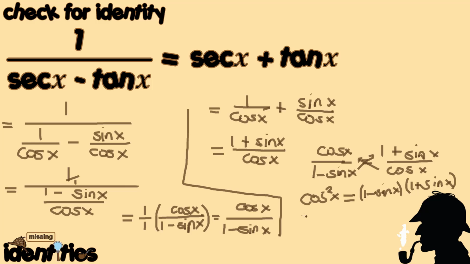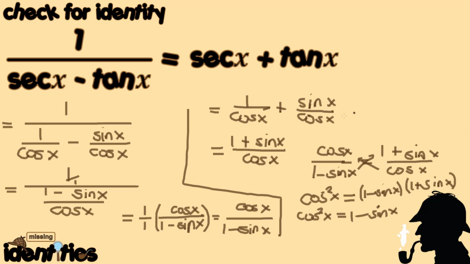So when you check that one, that's cosine squared x. You are multiplying binomial expressions of the same first term and the same second term, but they differ on the operation separating the terms. We have a difference of two squares, so 1 squared is 1 minus sine squared x. You can of course multiply that further if you would like to. The question now is, are these two the same?